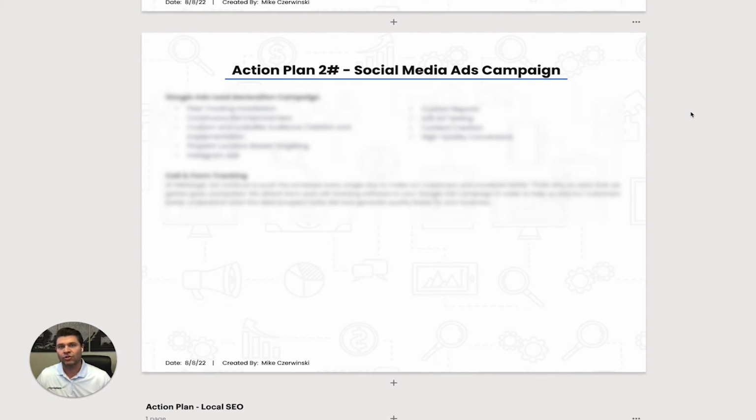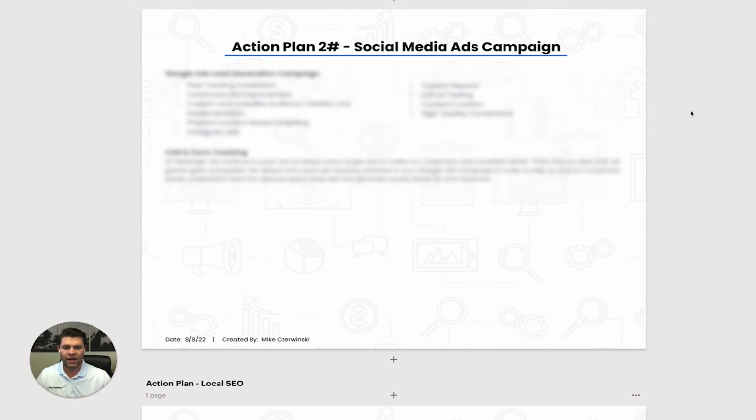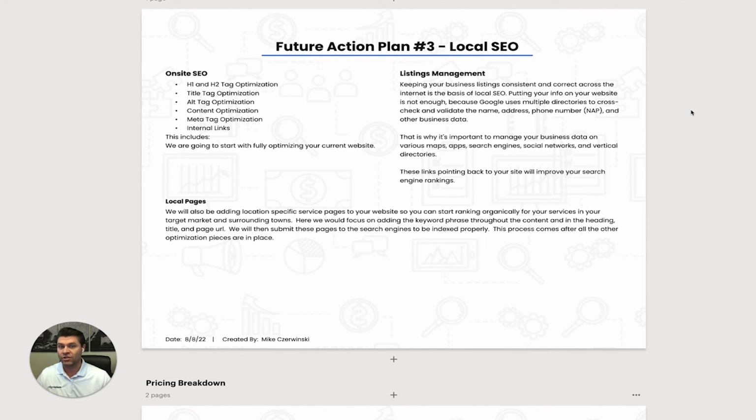Action plan number 2, in order of priority, was revamping their social ads campaign. So we knew that some of the creatives weren't right, some of the targeting looked off, and even the words that were in the ads and the titles and descriptions didn't make a lot of sense. So this was our action plan number 2. And then we have our action plan number 3 for local SEO. Same thing. This is what we would do and why.